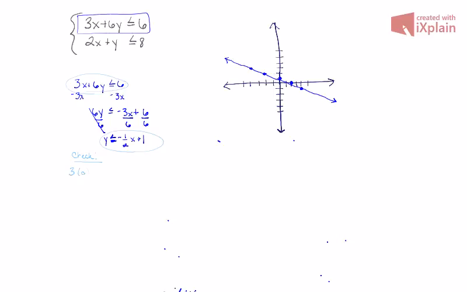I'm going to just use the original form because I think the calculations will go a little bit quicker. 3 times 0 is 0, 6 times 0 is 0, and 0 plus 0 is 0. So we get the statement that 0 is less than or equal to 6. That is true, so I'm going to go ahead and shade on this side of the line.